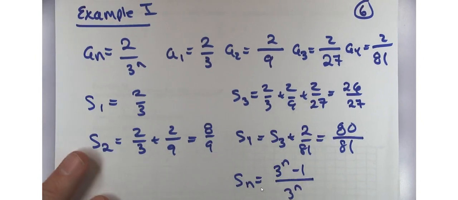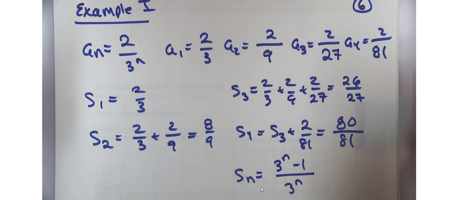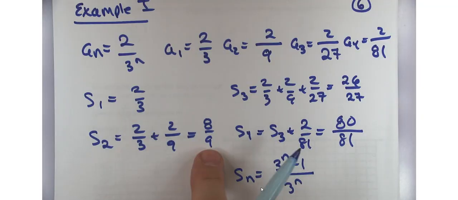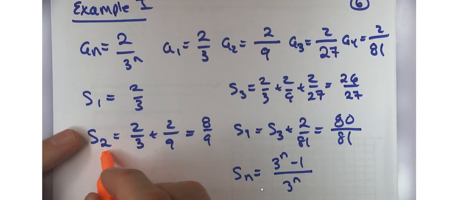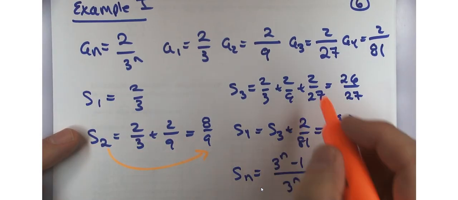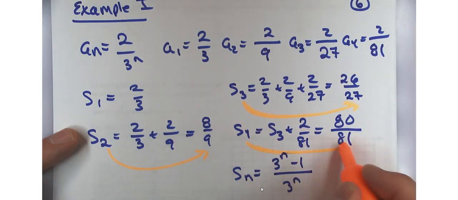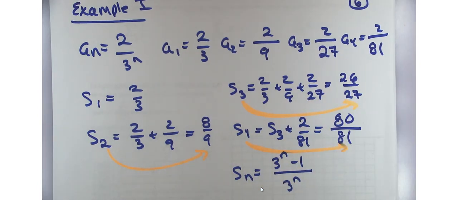Comments or questions on example 1 there? Hopefully this stuff is looking good so far. I just have a question. Yeah, please. For finding n for the 2/3 to the n power, is it just S of 1, you're just multiplying? Well, I think what you can see here is that there's a little relationship between this and this, between this and this, this and this. This is always some power of 3.